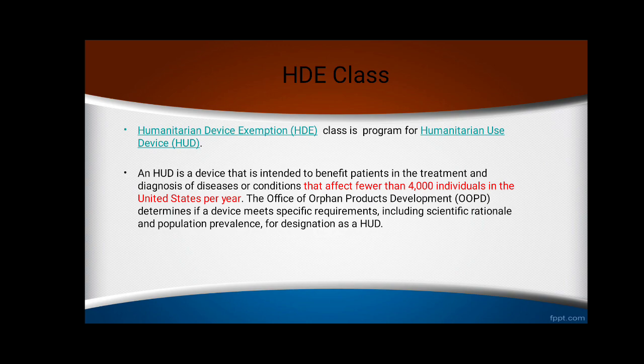The Office of Orphan Products Development (OOPD) determines if a device meets specific requirements, including scientific rationale and population prevalence, for designation as a HUD.